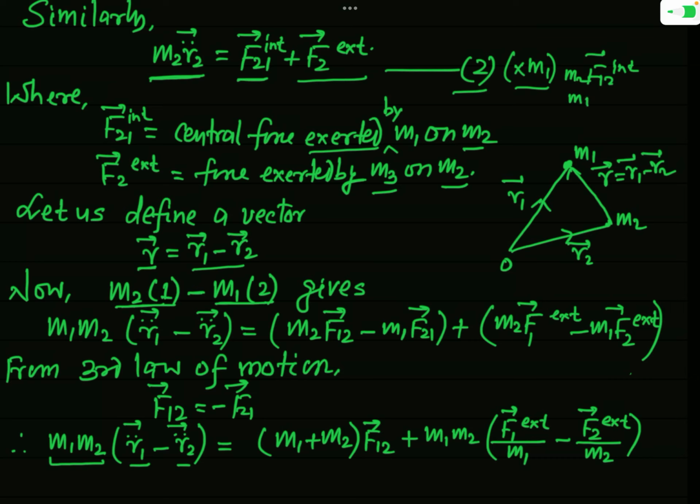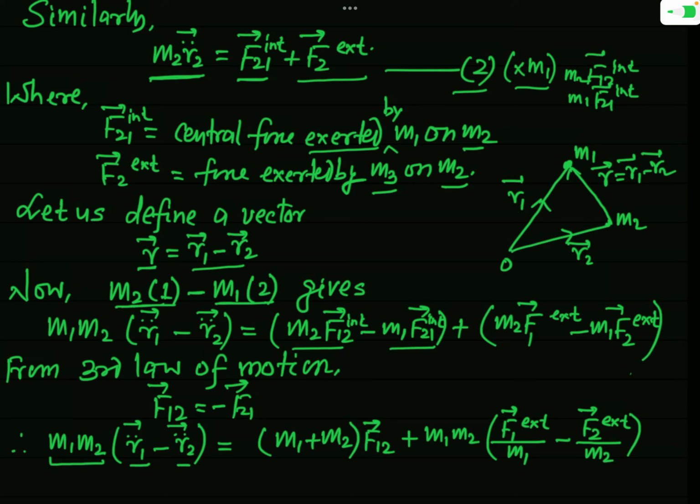So this will be M1 F21 internal. And when you will subtract, after subtraction there will be this much: m2 f12 minus m1 f21. Again I am writing here int for clarification.